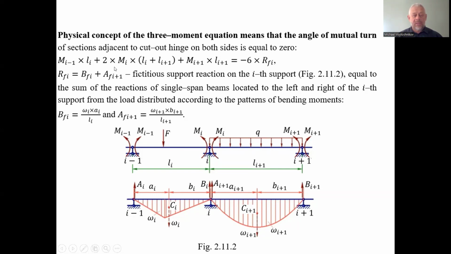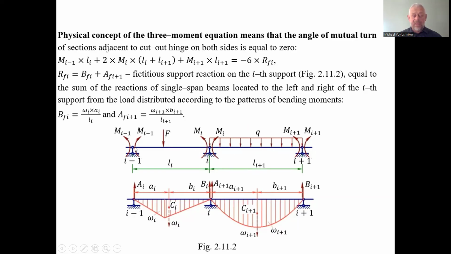We can define the correspondence of the deformation in the hinges. We connected them when we developed the main system. The main system is the statically determinate system, which is loaded by the same load as the assigned statically indeterminate one.